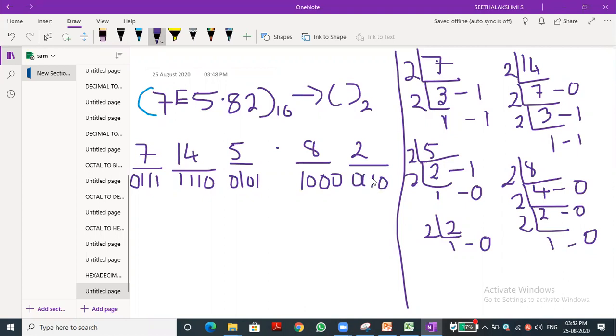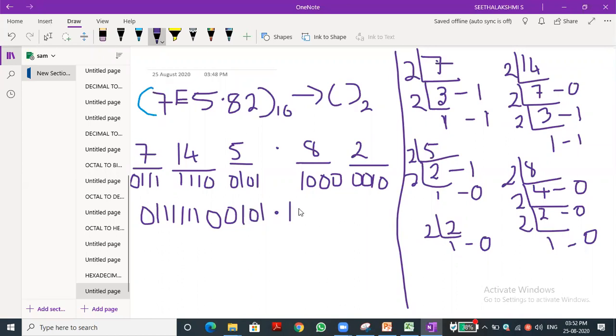Let me write it together again. What is the entire number? 0 1 1 1 for 7. For 14, the value is 1 1 1 0. For 5, the value is 0 1 0 1. So this is the number. Point.